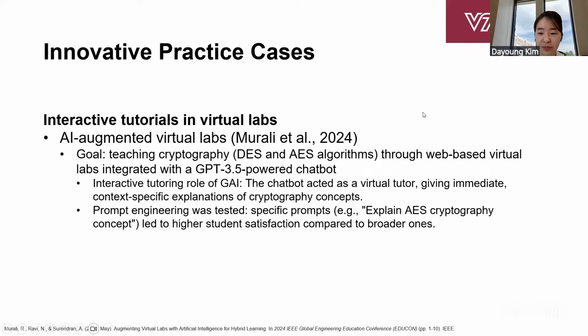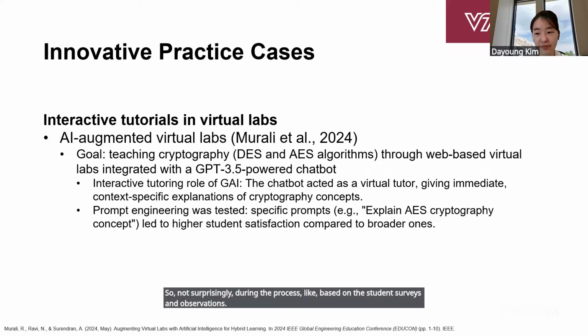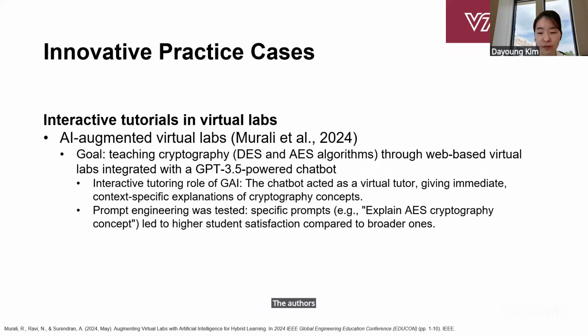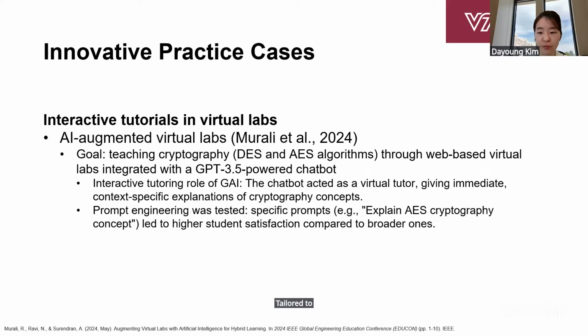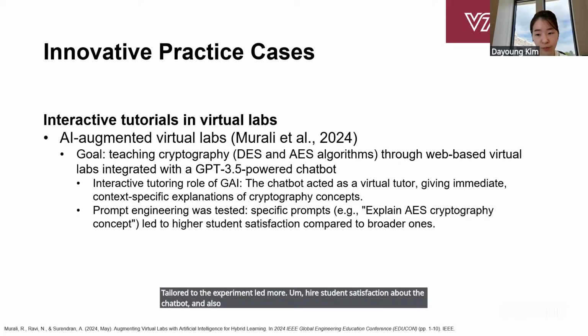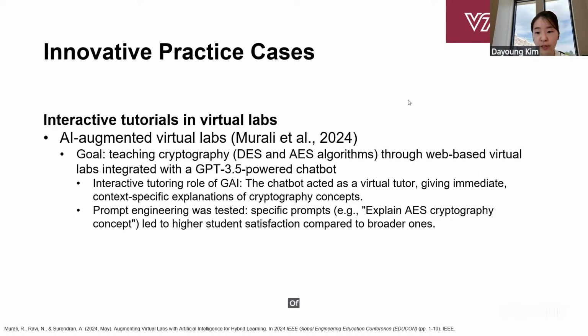So not surprisingly, based on the student surveys and observations, the authors found the importance of prompt engineering. A prompt tailored specifically to the experiment led to higher student satisfaction with the chatbot. And the UI of the chatbot itself was also an important factor in students' perceptions of its effectiveness.